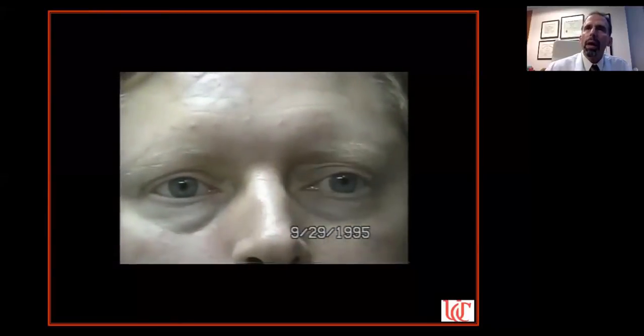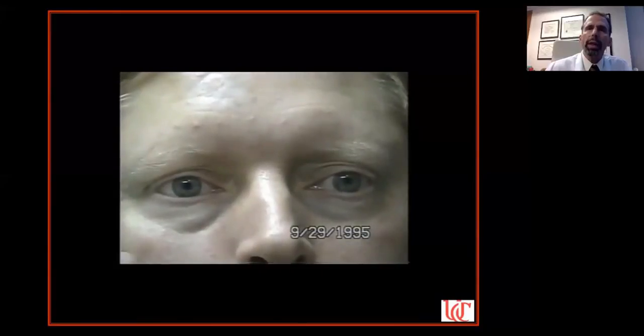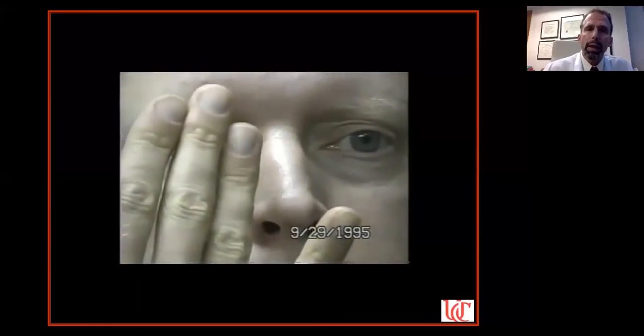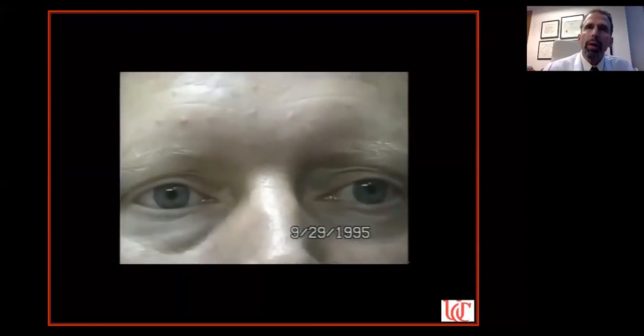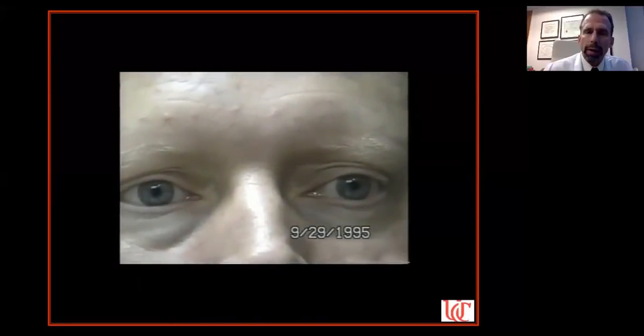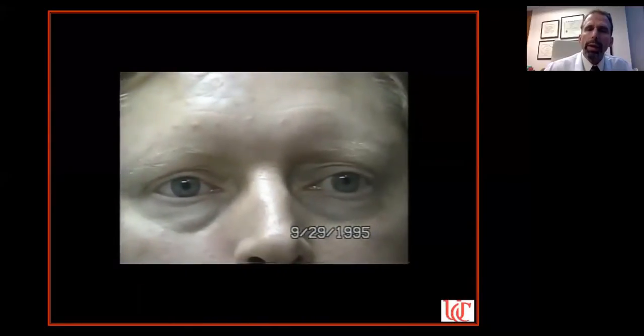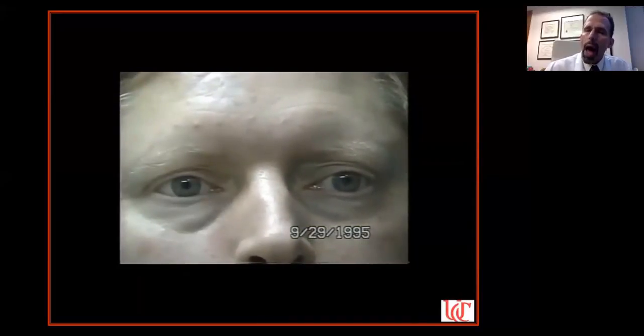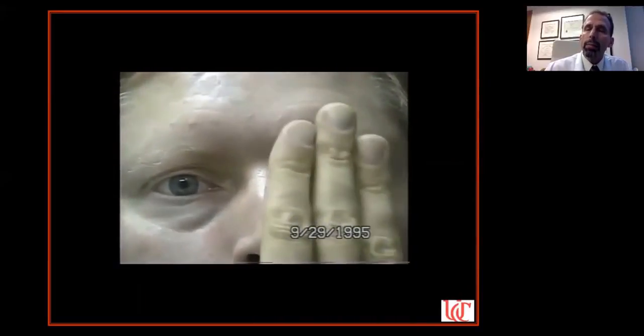The cover-uncover test only requires you to look at the eye that is uncovered. When you take your hand away, you're letting the patient refixate. That's the difference between a cover-uncover and a cross-cover test, which I'll demonstrate in a moment. So in this patient, the uncovered eye doesn't move.